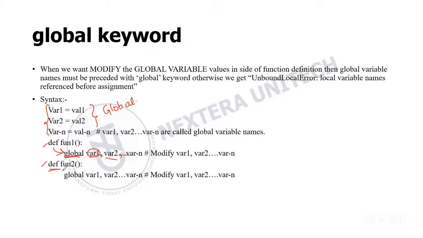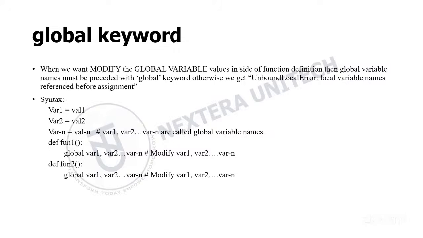And in function 2 also, I can just use the global keyword to modify the global variables which are variable 1 and variable 2. So I can just mention a single variable like this, or I can give comma separated values using the comma. So global space variable 1 comma variable 2 till variable n.